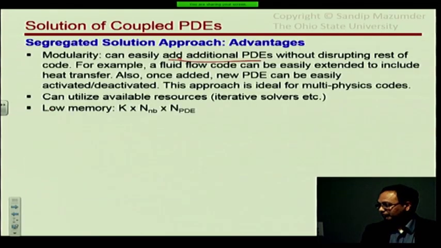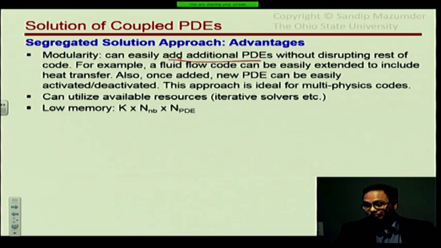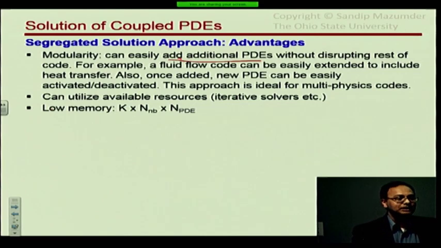Another very nice thing about that is once you add a new PDE, you can also easily turn it off. So you had a flow code, you added heat transfer. Now you say, well, I still want to run an isothermal case and see what happens. You just turn off your energy equation because it's so modular. And that's it. So it's ideal for multi-physics codes.